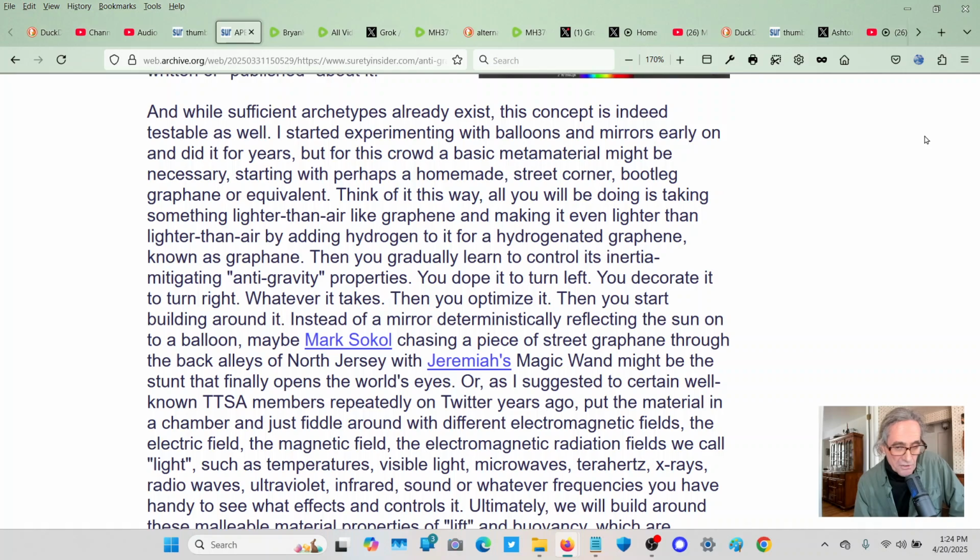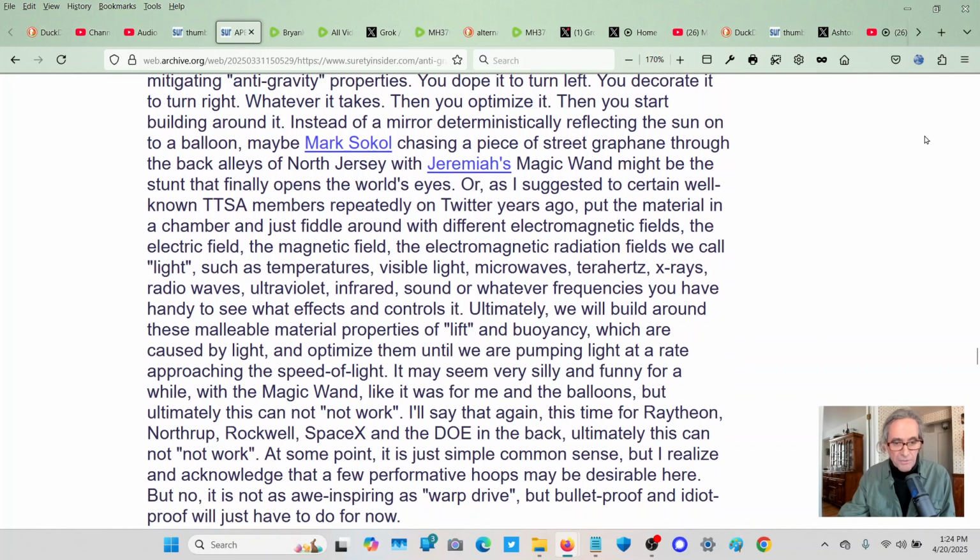Instead of a mirror deterministically reflecting the sun onto a balloon, maybe Mark Sokol chasing a piece of street graphene through the back alleys of North Jersey with Jeremiah's magic wand might be the stunt that finally opens the world's eyes. Or as I suggested to certain well-known TTSA members repeatedly, hard to say that without spitting, on Twitter years ago.